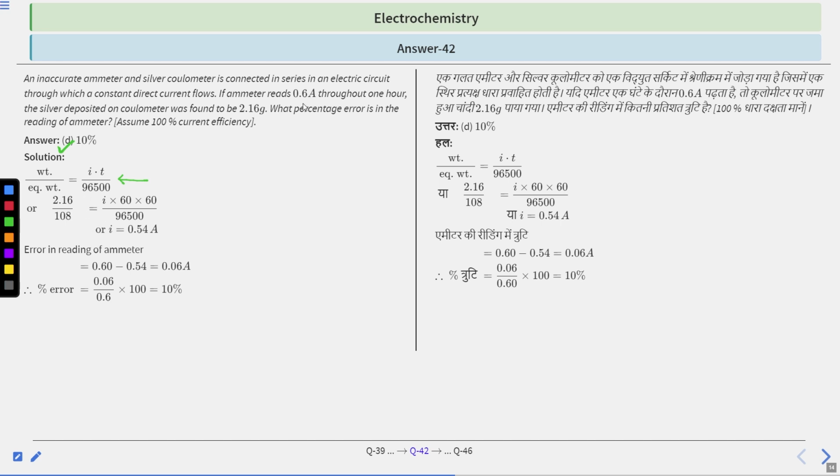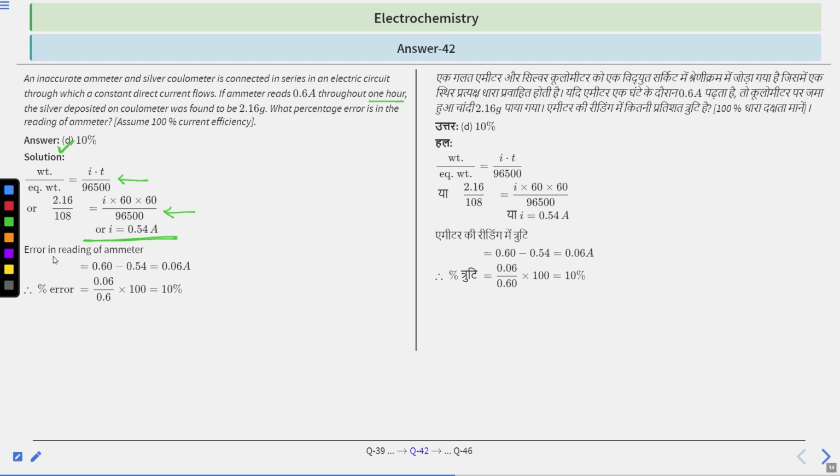So equivalent weight is 108, because for silver the molar mass is 108, divided by the number of electrons involved, which is 1, equals I times T. T is 1 hour, it is given. So 1 hour converted into seconds will be 60 times 60, 3600, divided by 96500. And from this equation, I is the only variable, so I is coming out as 0.54 ampere.